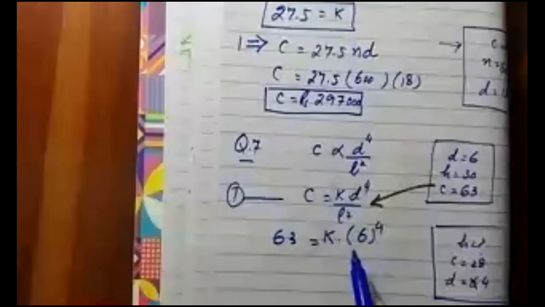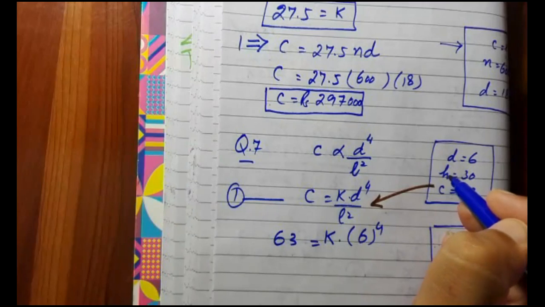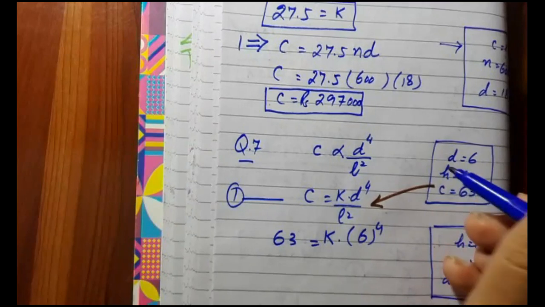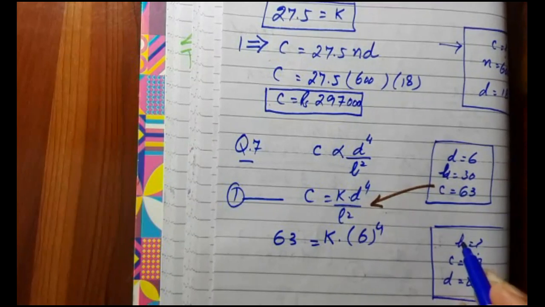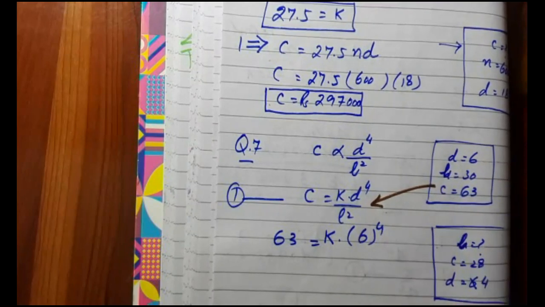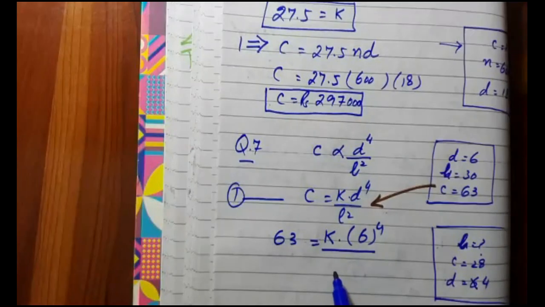I have used H in case of height. Either you can use H or L, one of the variables should be used. If L is written, we should use it as L. So substitute the values of k, and L is provided as 30.